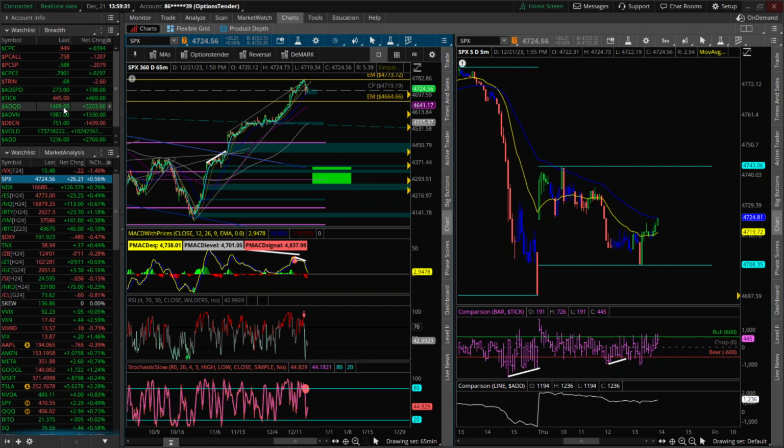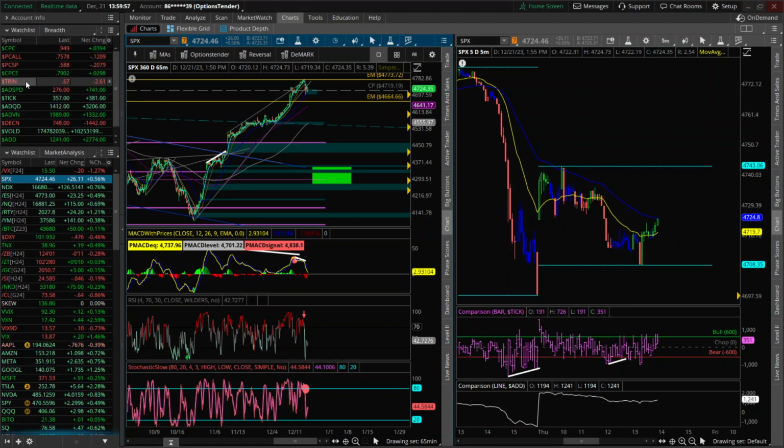We're not going to go through all of these, but these are the ones that I look at. The put to call ratios from the CBOE, the put to call ratio for the S&P 500 from the options market. There's several different ones here, and they're all put to call ratios, so they each have their own little nuance.